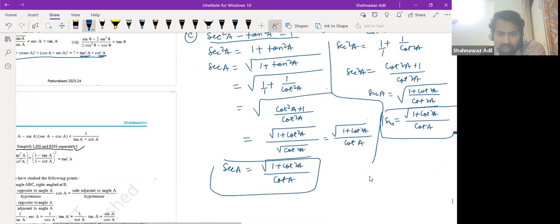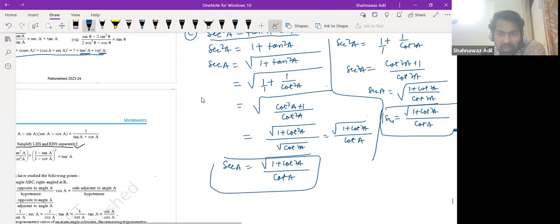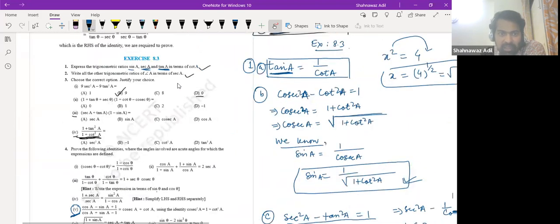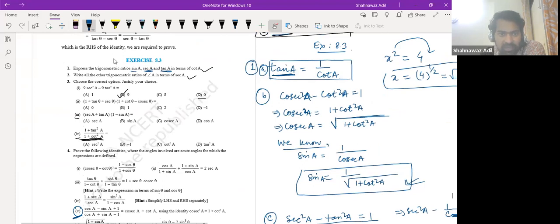But here they have told us to express the trigonometric ratios in terms of other ratios, not in terms of the sides of the triangle. They are not saying that we write it in terms of the sides of the triangle.